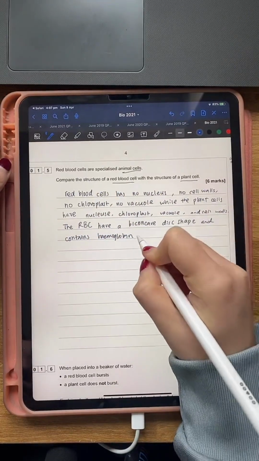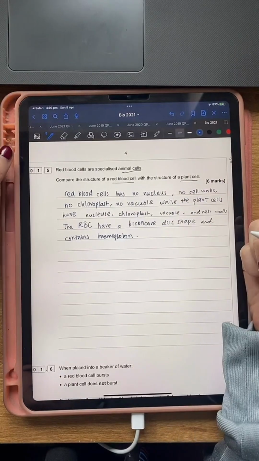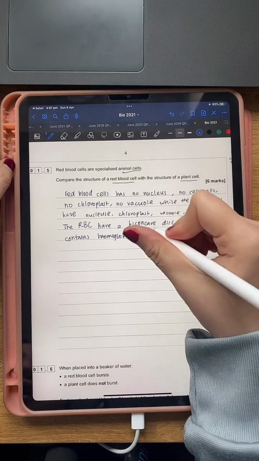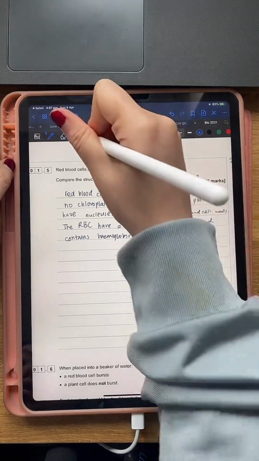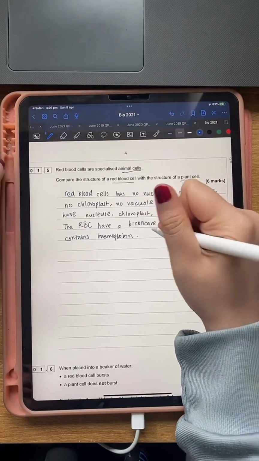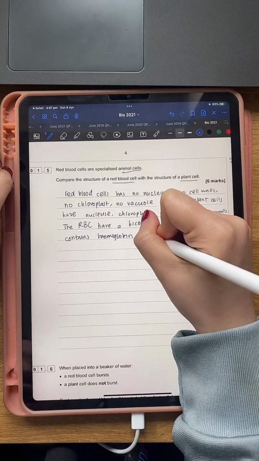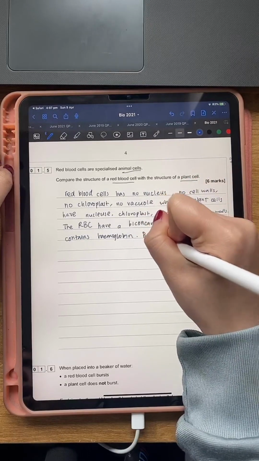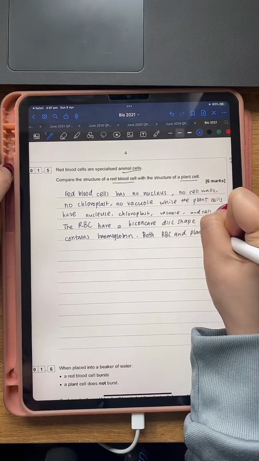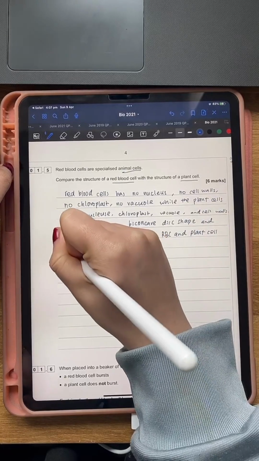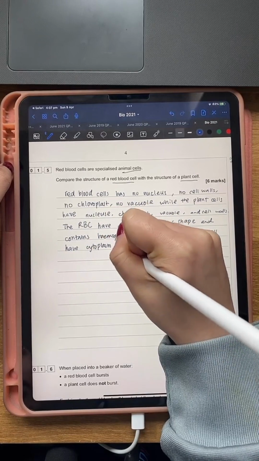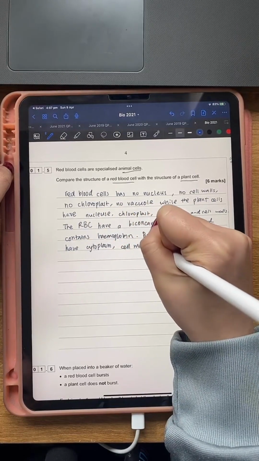So we've talked about the differences here. Then we can talk about the similarities. I was going to write "they", but technically you shouldn't write "they". You can say both the red blood cell and the plant cell have cytoplasm, cell membrane, and pigments.